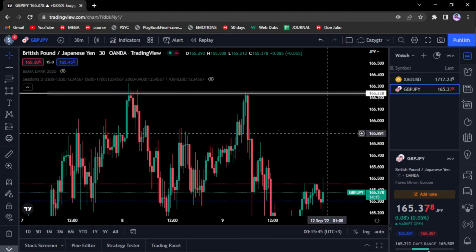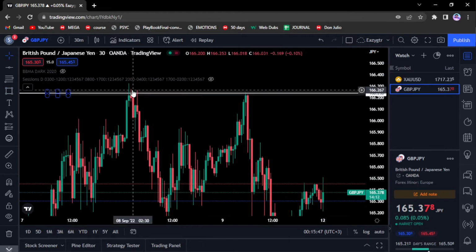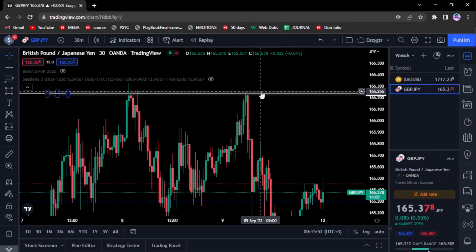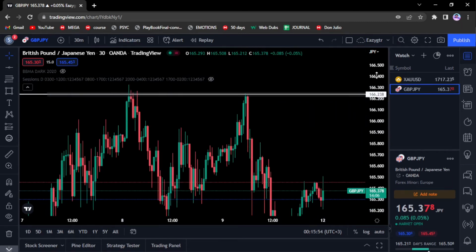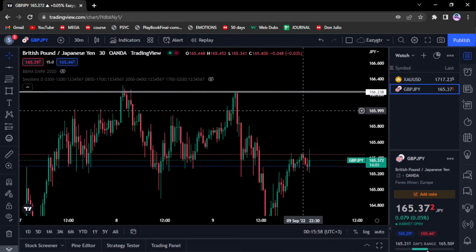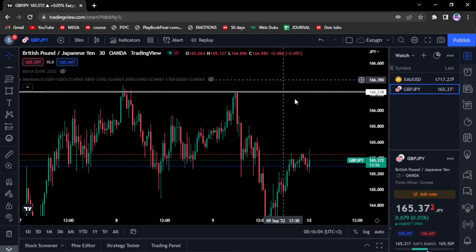So you have a box, then the line. So any price around this area is in your resistance zone, and the same goes for support and demand. Okay, so that's basically it on how to draw it.